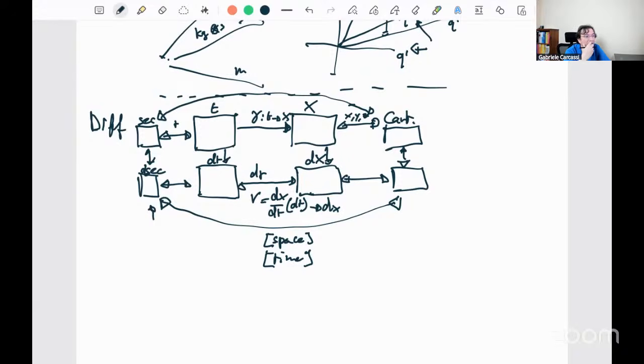And this is the important identification that comes out of this, that does not quite match what people do in differential geometry, because they want to talk about tangent vectors as velocities, but in physics the velocity needs the time, right?